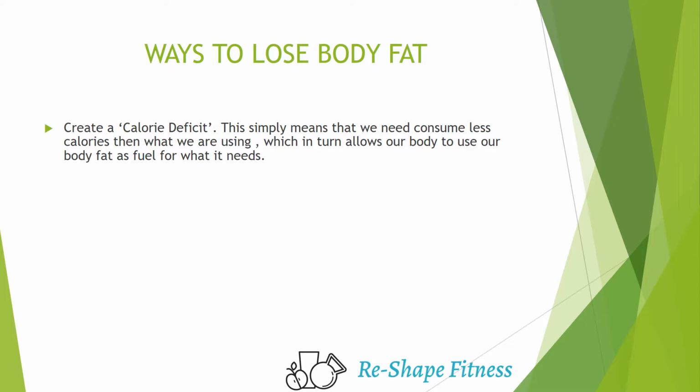Our body notices that and is like, whoa, I need to get energy from somewhere to sustain life. So it goes to the fat storages, those fatty tissues all over the body where fat is stored, and starts breaking down that fat to use as fuel to sustain normal body functions. So that's the first way.